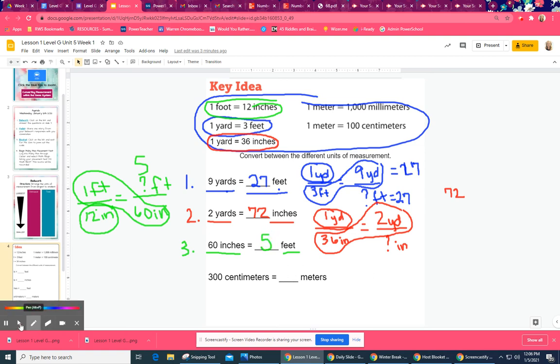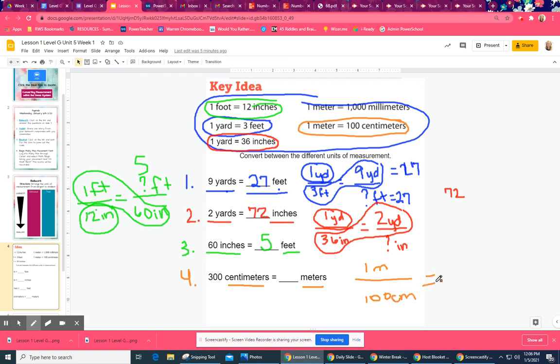And then the last one, we've got centimeters to meters, which is this one right here. So write it out. 1 meter equals 100 centimeters. Put the information I give you in.